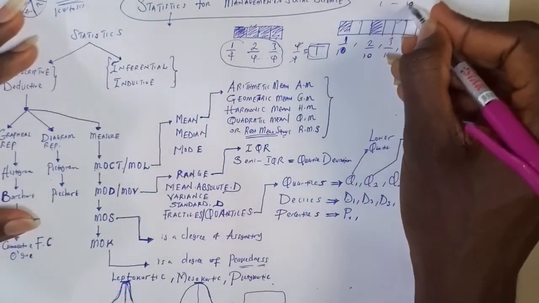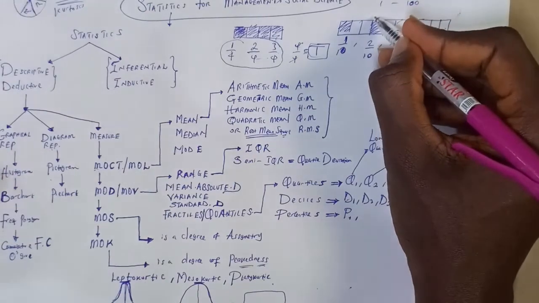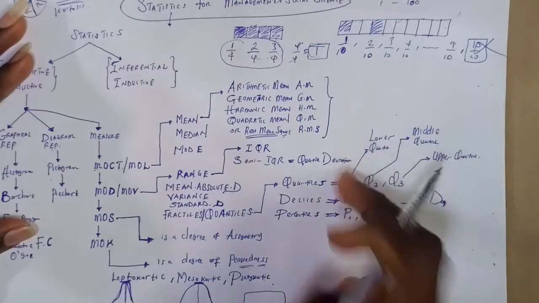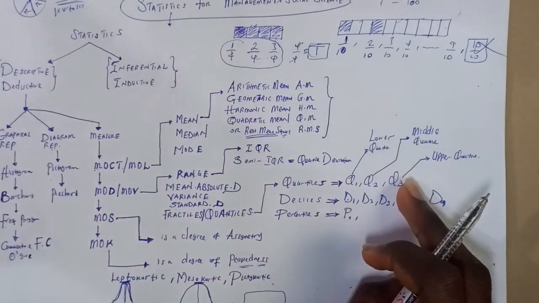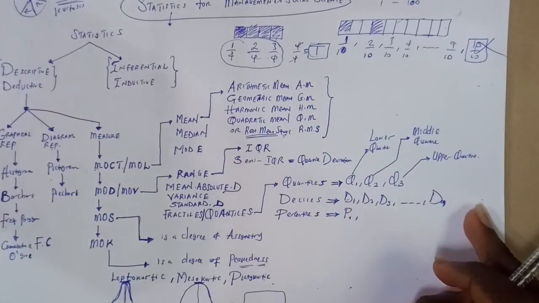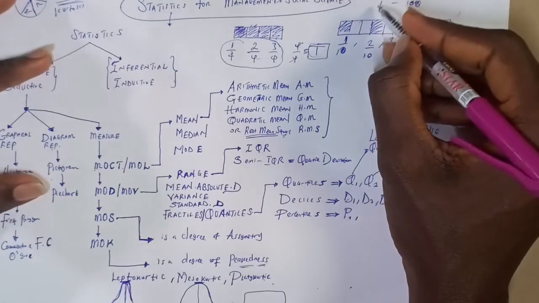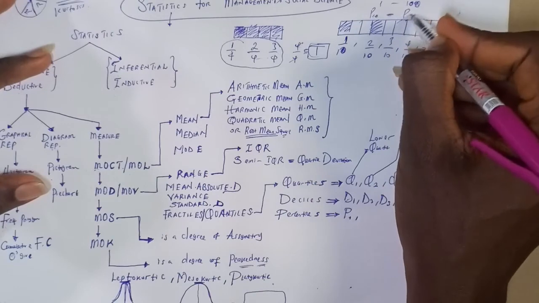Since it's 1 to 100, we pick it in tens. Here we only have 1 to 4, just a unit, you can just pick a digit. So here in this case we have just 10, but when you have 100, it is clearly seen that P10 is just the lower and P90 is the upper.